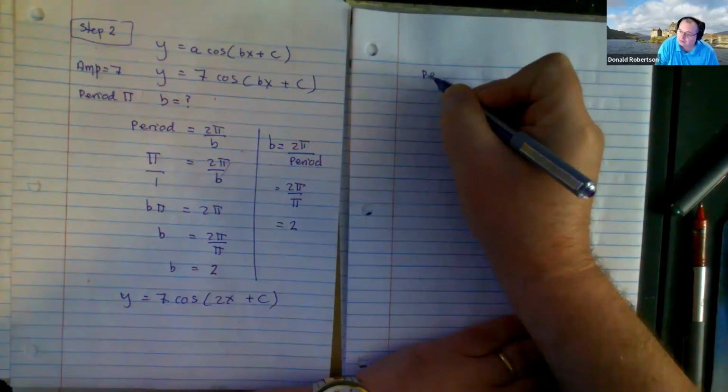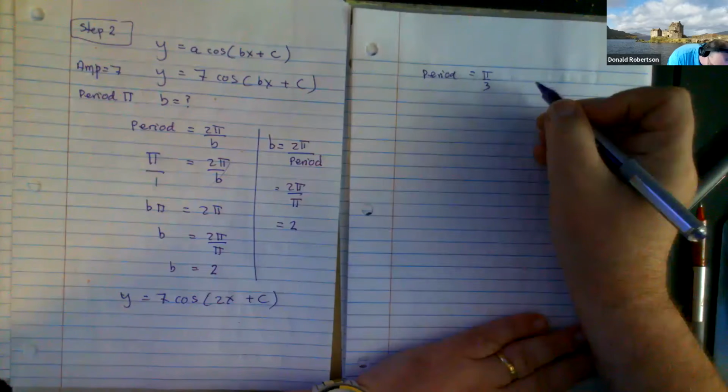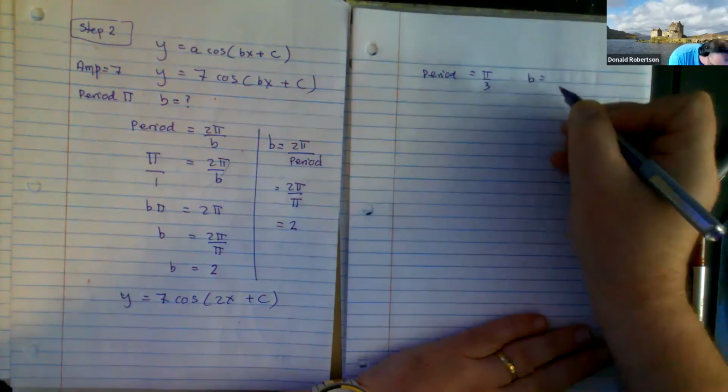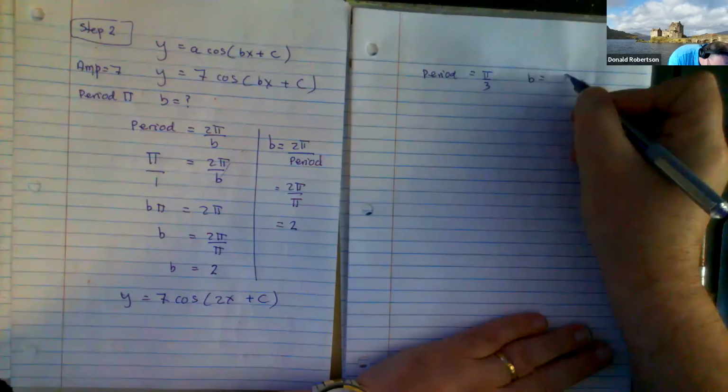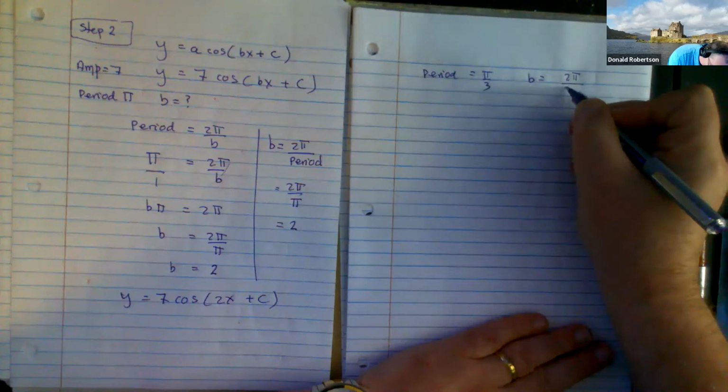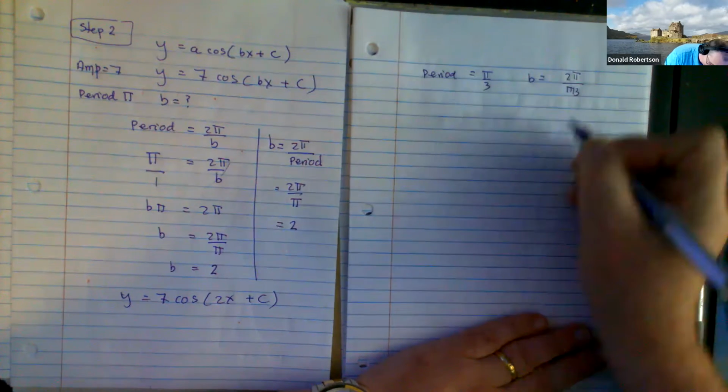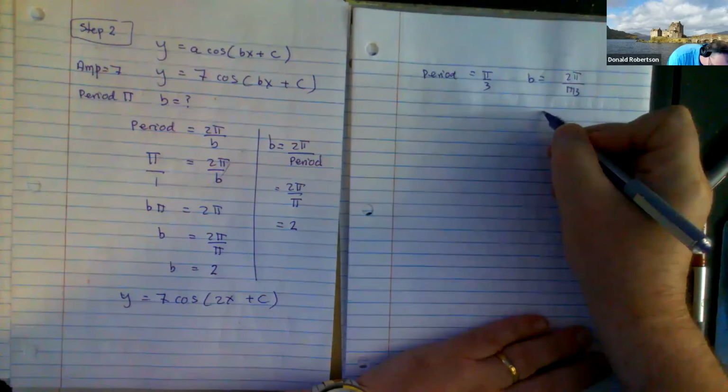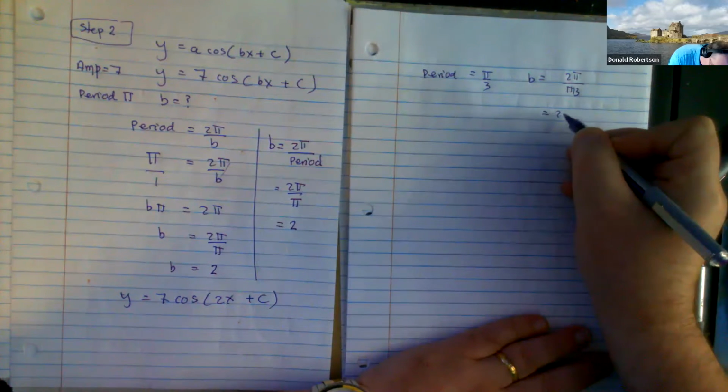Totally different questions. Suppose I had the period and it was pi upon 3, and I want to know what b is. I'm going to use the formula. It's going to be 2 pi divided by the period, pi upon 3.